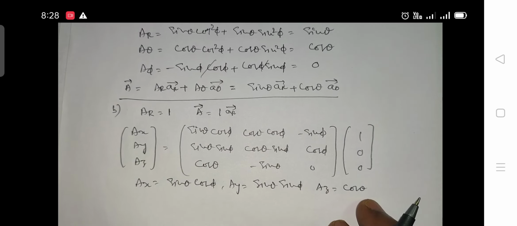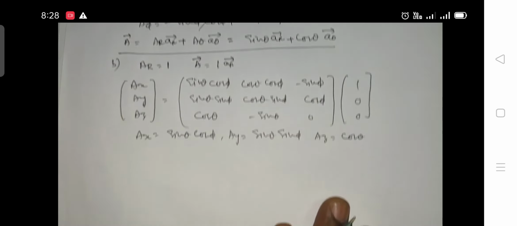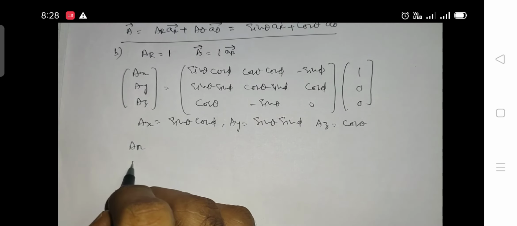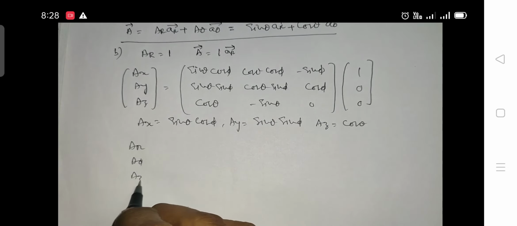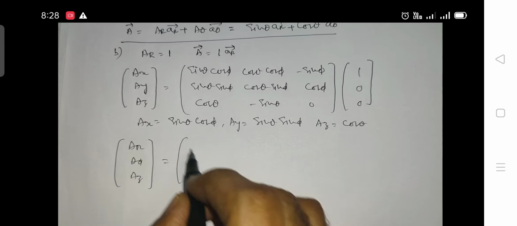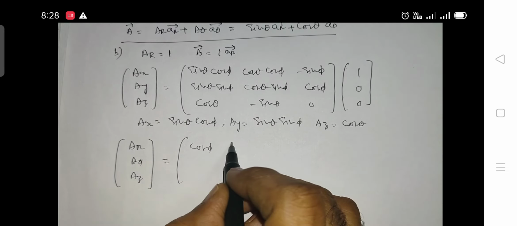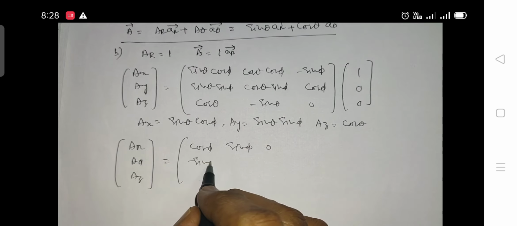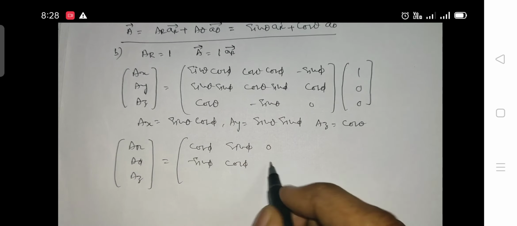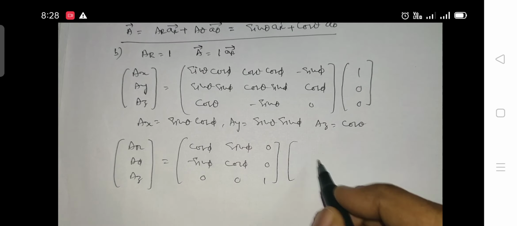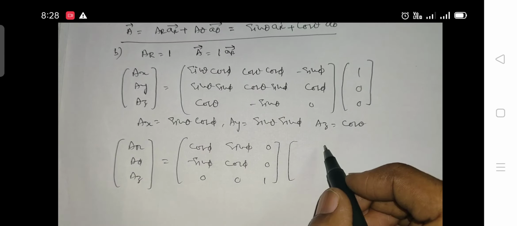And now from rectangular we have to convert that into cylindrical. So we know again the transformation. So AR, A phi and AZ, these are the components that we consider for cylindrical coordinates, multiplied by cos phi, sin phi, 0, minus sin phi, cos phi, 0, 0, 0, 1, multiplied by Ax, Ay and Az.